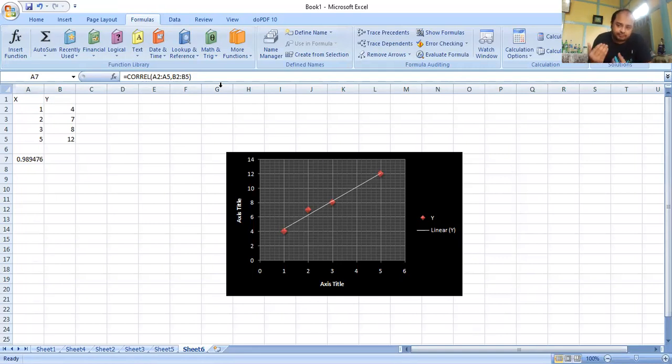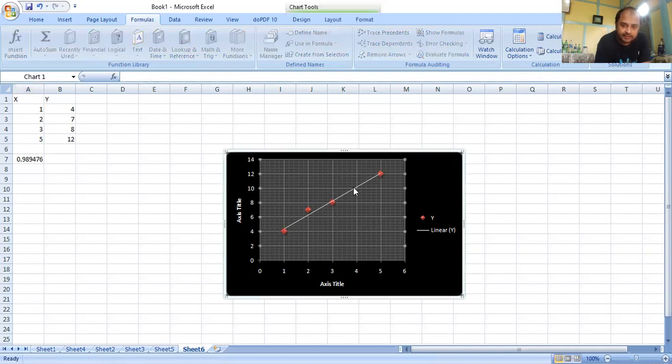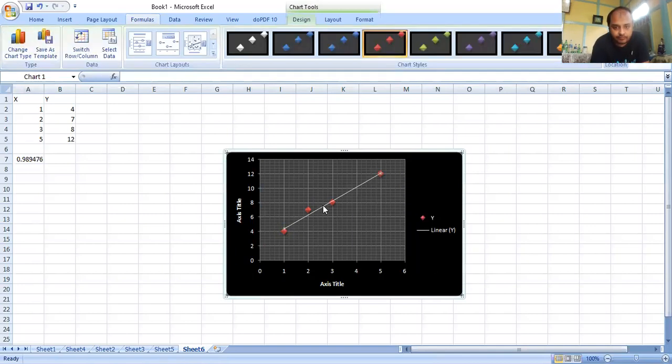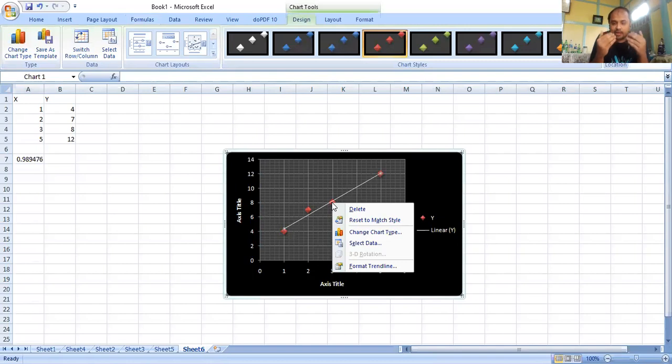But what is the equation that is being satisfied by this straight line? What is the form of that equation? Y equal to alpha plus beta x. So if you want to find this equation using this set of values, you take your cursor, click on the straight line like this, take the cursor to a particular point, and click the right button of the mouse.